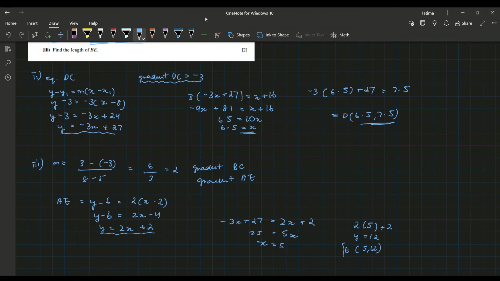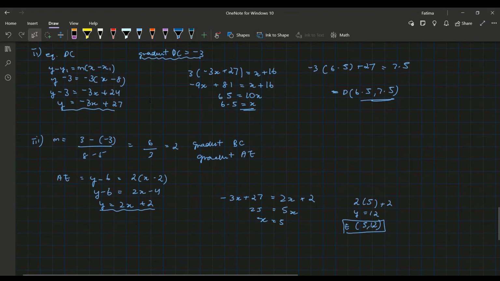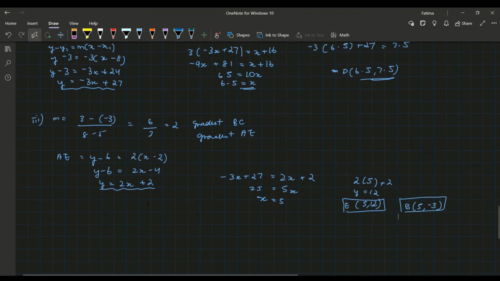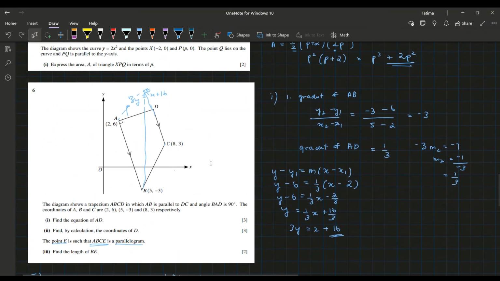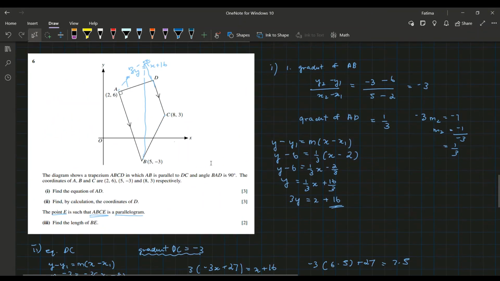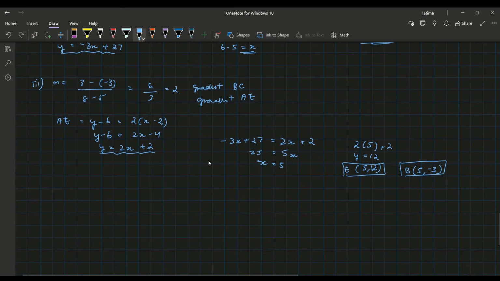And now because I have coordinate E and B is already given to us, B is 5 and negative 3, I can input both of them into our formula for finding the distance between 2 points. In this case, E is the latter point. Actually, they both have the same x values, but the y value of E is higher, so I'll consider E to be the latter point.